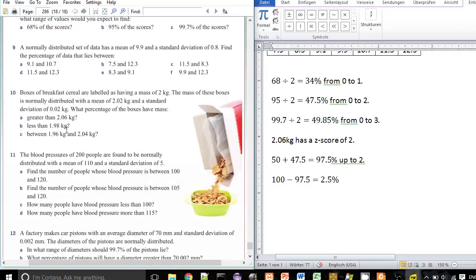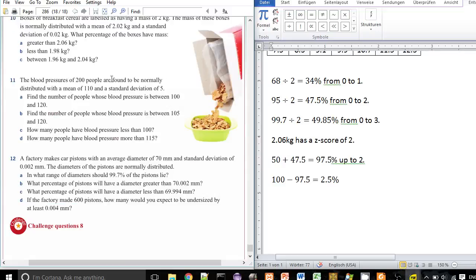Alright. Blood pressure. Oh, the number of people. Okay, we better do this. Between 100 and 120. So notice the standard deviation is 5. So 100 is below 110, and it's 2 lots of 5 below. So that's a -2. The Z score is -2. This one is above, and it's 2 lots of 5 above. So the Z score is 2.